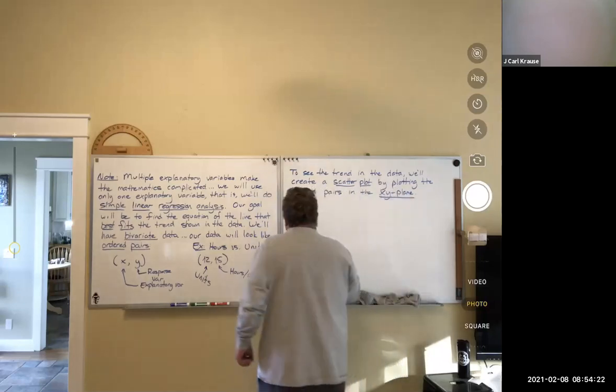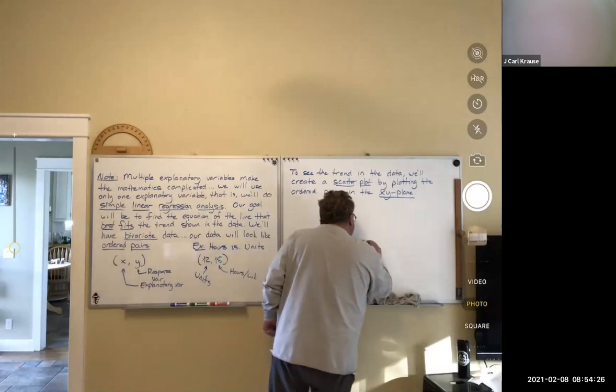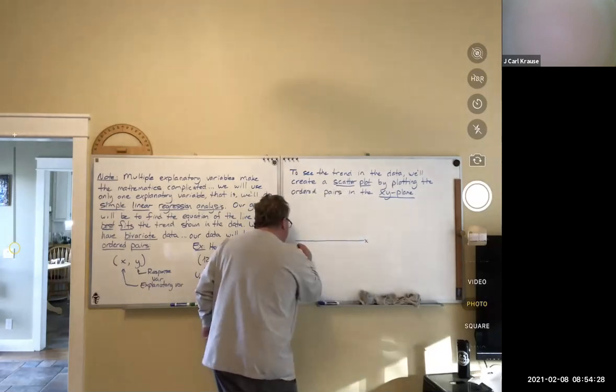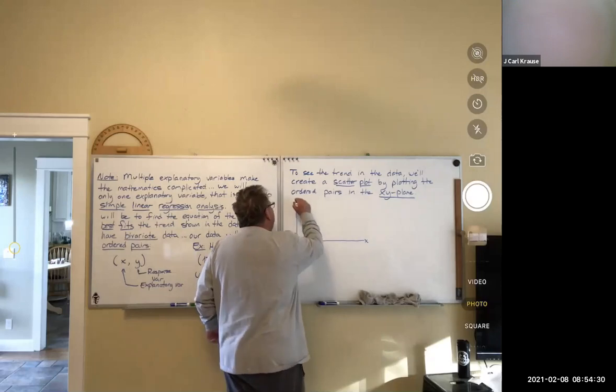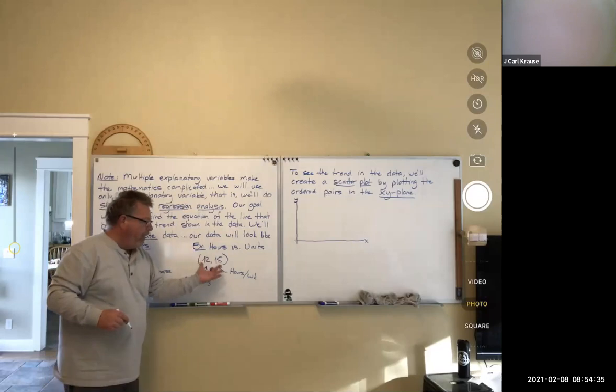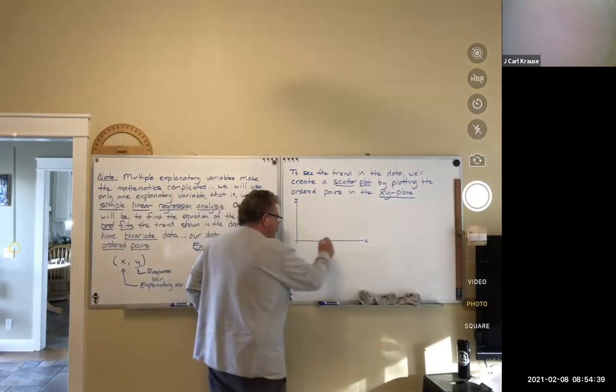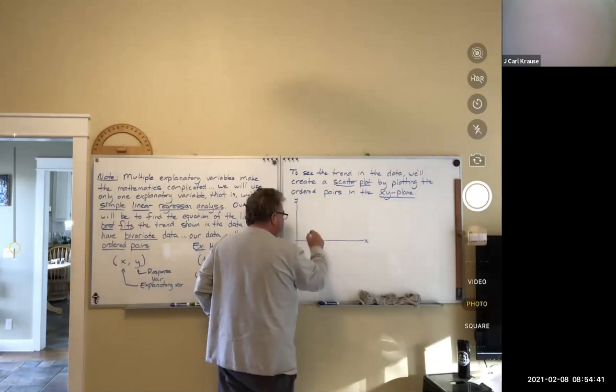So what we're going to have is we're going to have an x-axis and we're going to have a y-axis. And each one of these ordered pairs that we have that makes up our data set will give us a point. It'll be a value of x and a value of y.